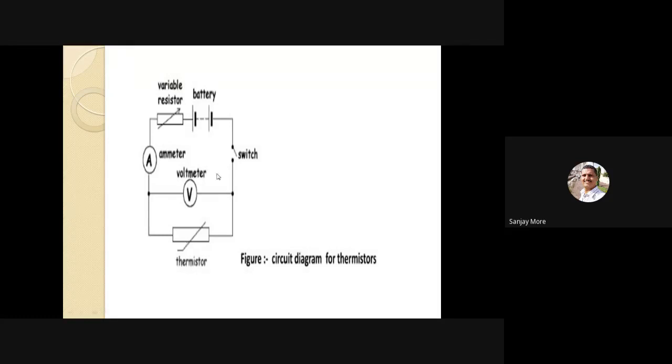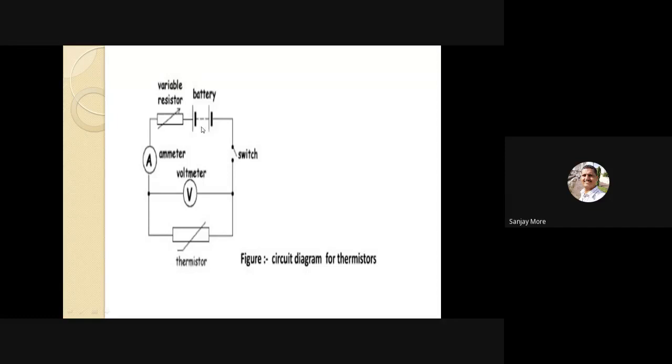Here the voltmeter, ammeter, and different types of thermistor are used to measure and sense the temperature. This circuit diagram displays what happens when you apply input with the help of a battery.